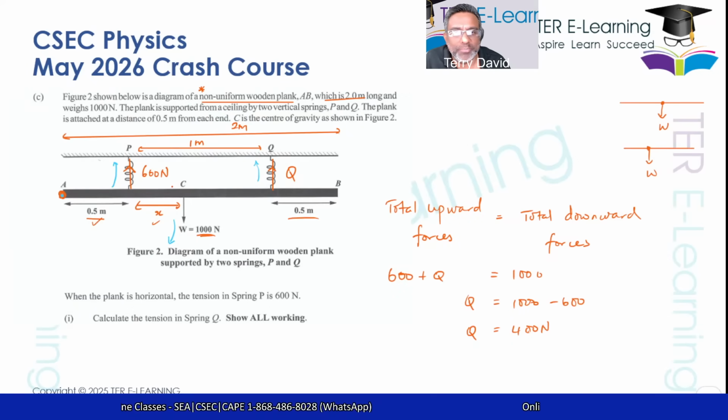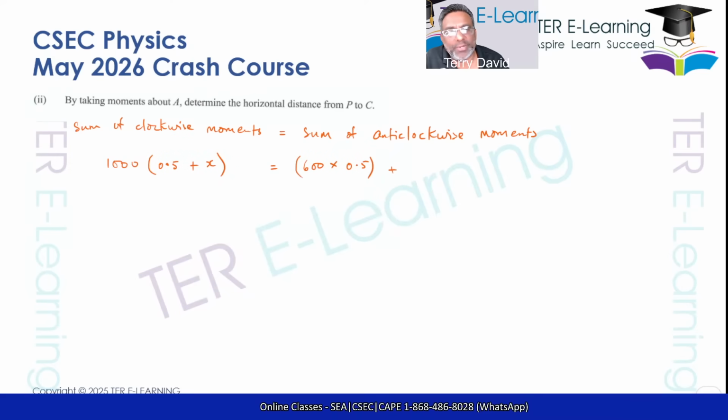That distance here is 1 meter, and we know from here to here is 0.5 meters. So the distance of Q from the pivot is going to be 1.5 meters. Remember, Q is 400, we calculated that just now. So it's going to be 400 multiplied by 1.5.